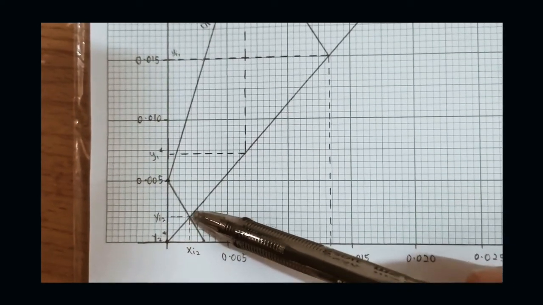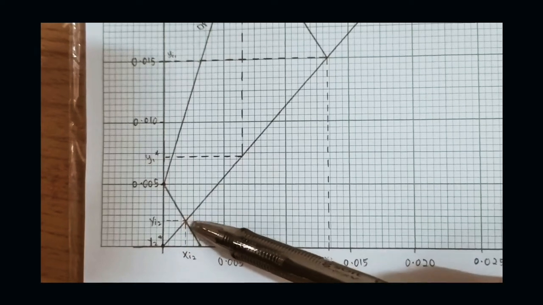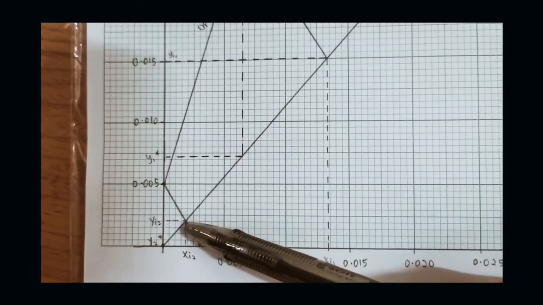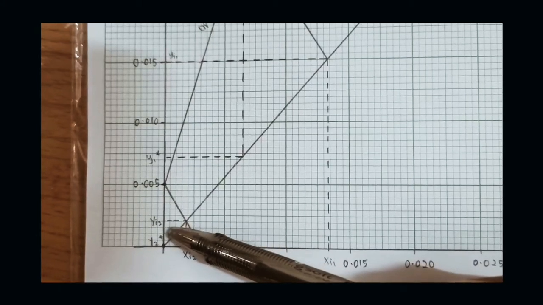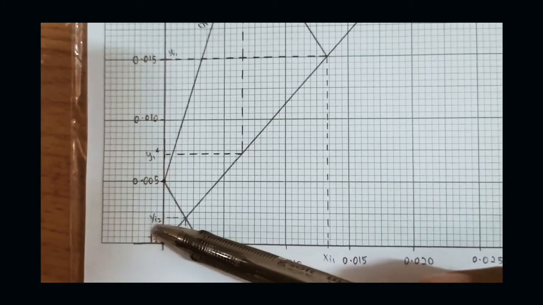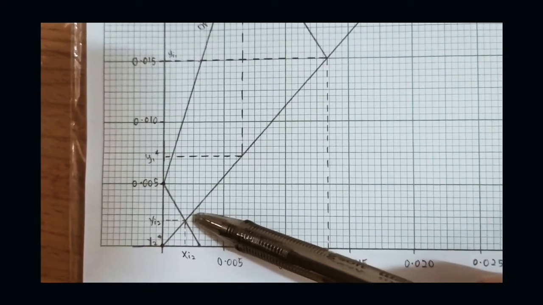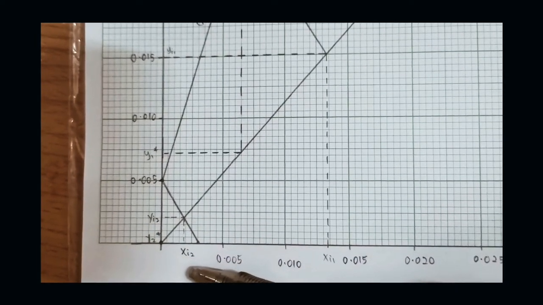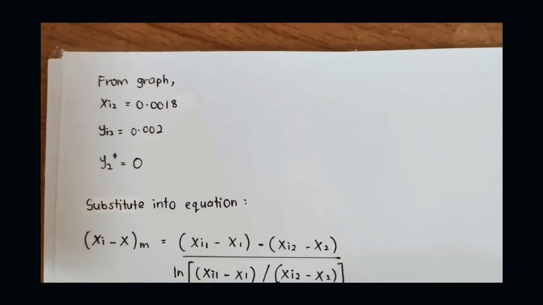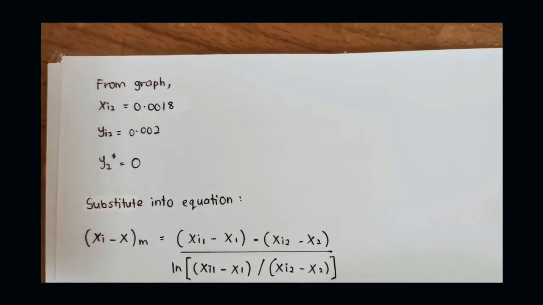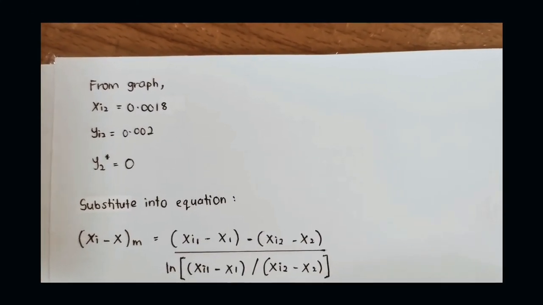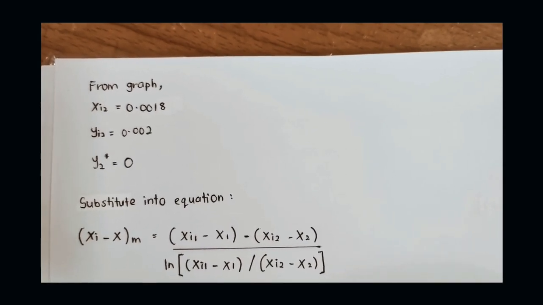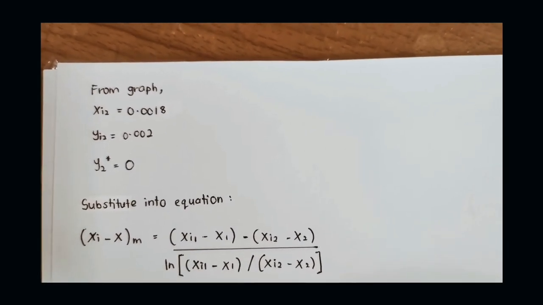For yi2 and xi2, we get them from the second intersection point, where we draw a horizontal line towards the y-axis to get yi2, and a vertical line to the x-axis to get xi2. From the graph, we get xi2 equal to 0.0018, yi2 equal to 0.002, and y2 star equal to 0.